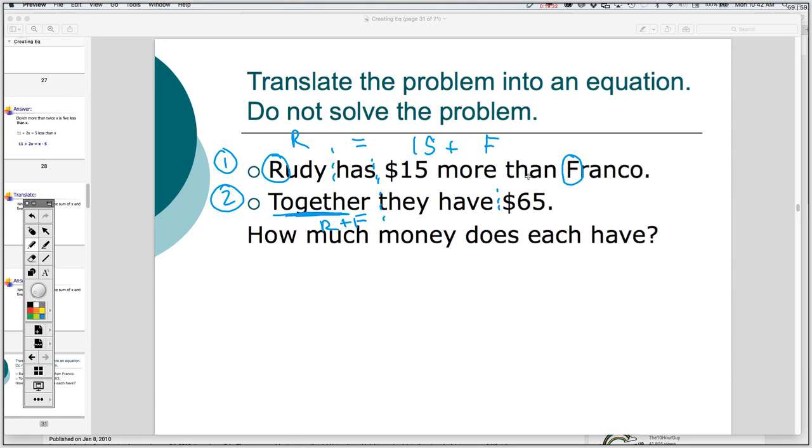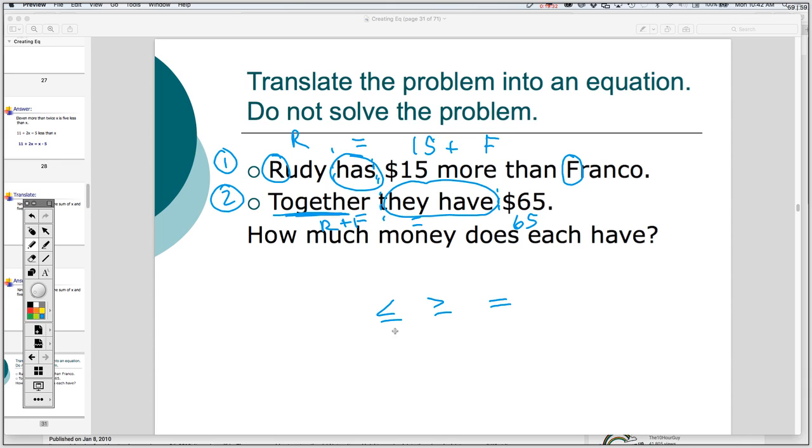Which one do you think it's going to be for they have? Equal. So equal to what? 65. So whenever you see these comparison words, then it has something to do with these. So we found out the second equation, I'm going to write it nicely, is R plus F equals 65. First equation was R equals 15 plus F.